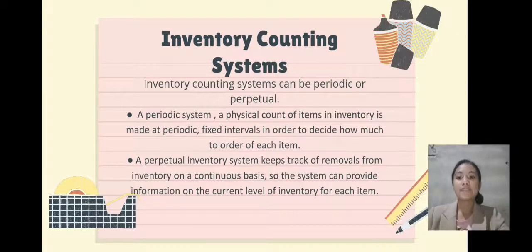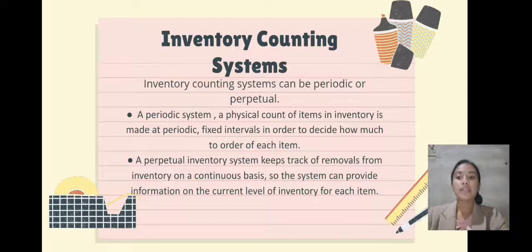Next is inventory counting systems. So inventory counting systems can be periodic or perpetual. Under a periodic system, a physical count of items in inventory is made at periodic or fixed intervals, for example weekly or monthly, in order to decide how much to order of each item.